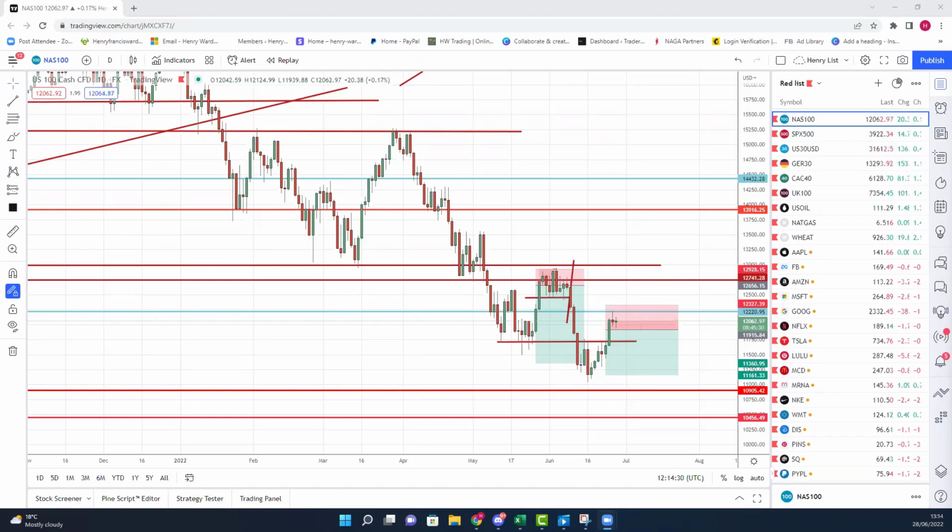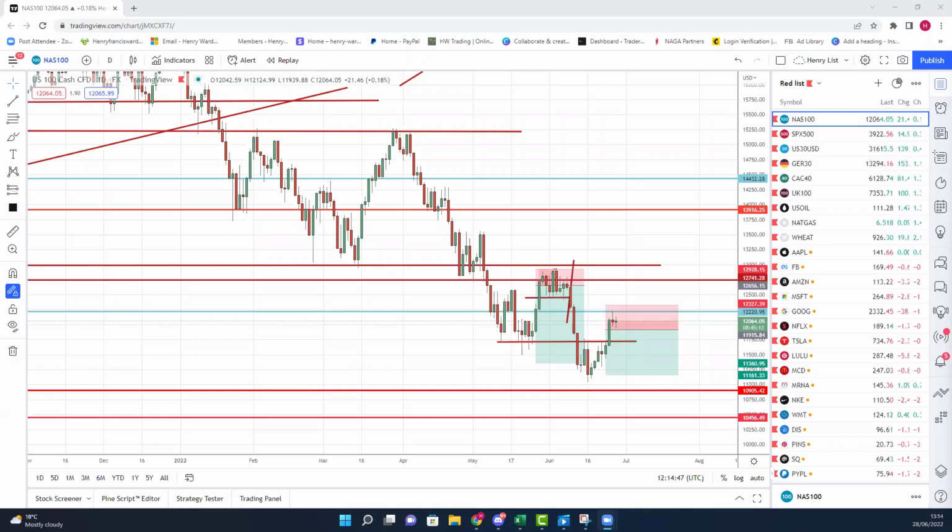It's whether it will turn around right here, or do we expect a little more downside overall?